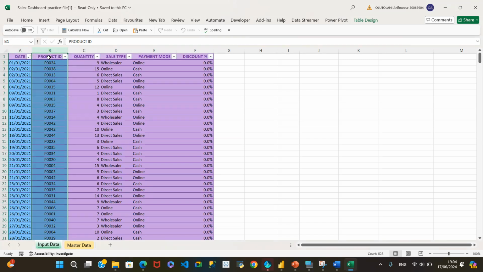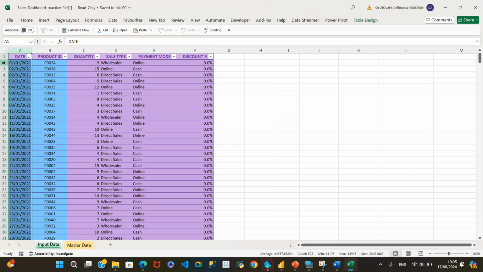We've got the ID for the products. We've got quantity, so that tells me the quantity of products that were bought. The sales type: how were these products bought? And I've got the date as well.